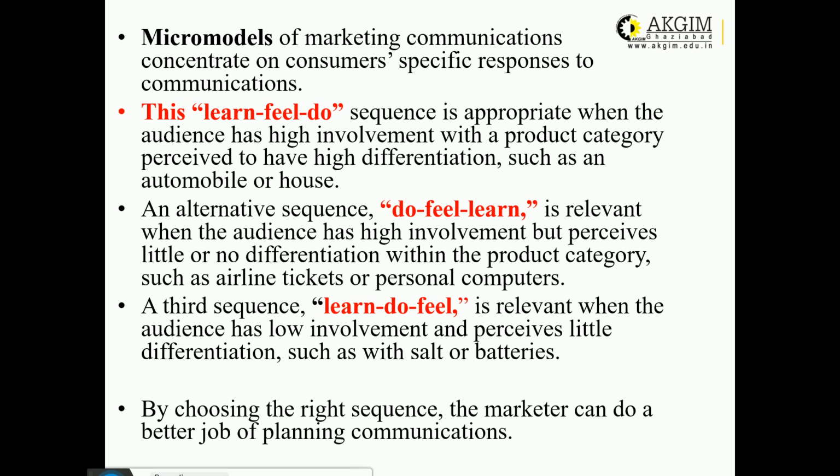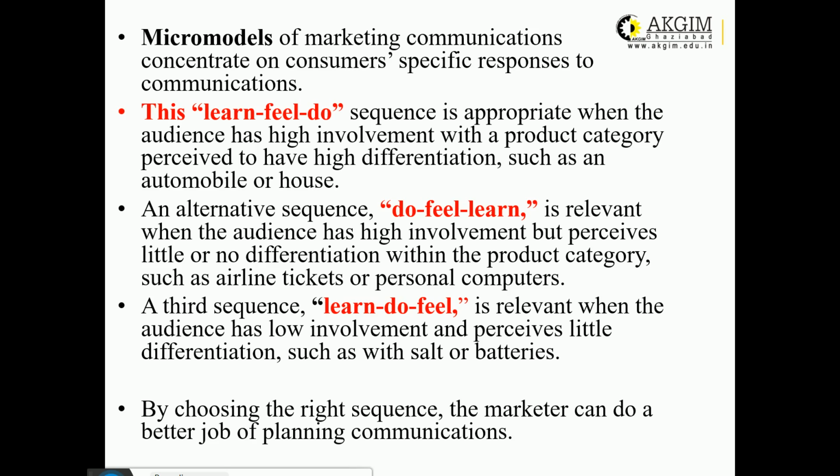An alternative sequence to this can be do, feel, and learn. This is relevant when the audience has high involvement, but perceives little or no differentiation within the product category, such as an airline ticket or a personal computer. In that case, the consumer makes a decision, then develops a feeling, interest, or an attitude towards a product or a brand, and then it ultimately adds to their learning, which could be used for later buying.